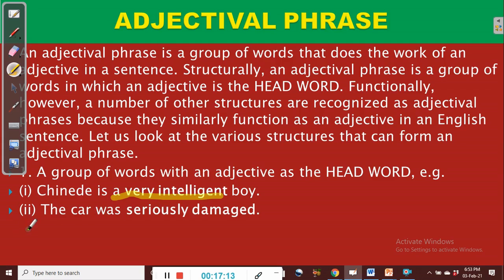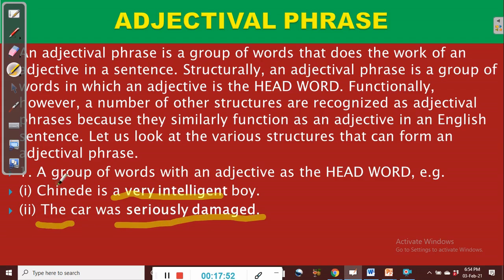All right. Sentence: The car was seriously damaged. "Seriously damaged" is the adjective phrase here. Here you have a past participle functioning as an adjective, and "seriously" is an adverb modifying "damaged." So together they constitute an adjective phrase. The car was seriously damaged, and here the adjective phrase is functioning as a complement.